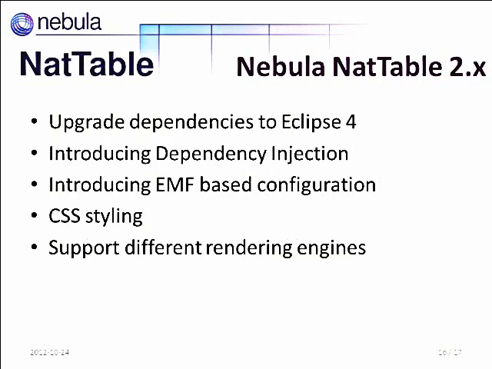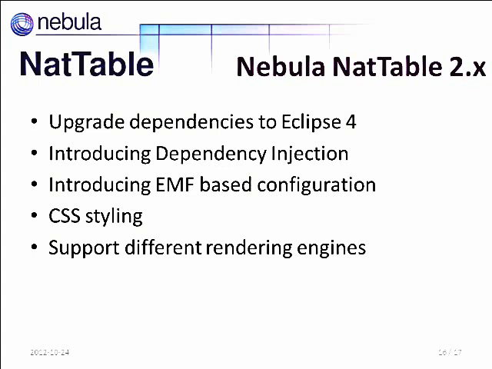So the real news in this talk is that we have been talking about NatTable 2.x. In this version there will be a great refactoring. So we are doing a new branch, as we won't be compatible with the older versions, because we're trying to benefit from Eclipse 4.